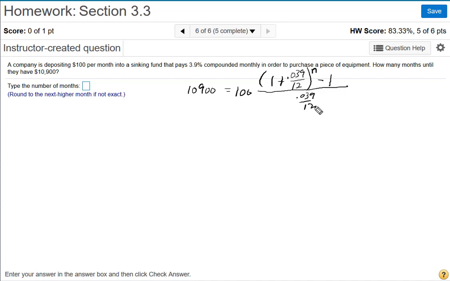Now, just like we did in the previous one, we're going to solve this one by hand. And in a later video, if you want to watch the video for section 4, I do solve those using the graphing calculator. I would have shown you that in class. However, I'll do this one by hand. So here's what we will do. We'll divide through by the 100.